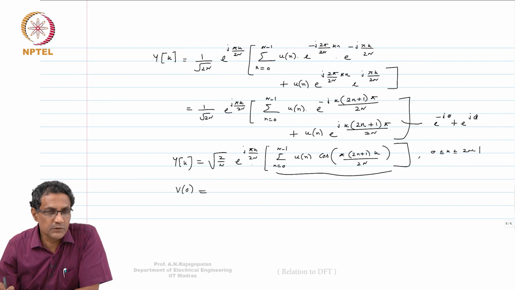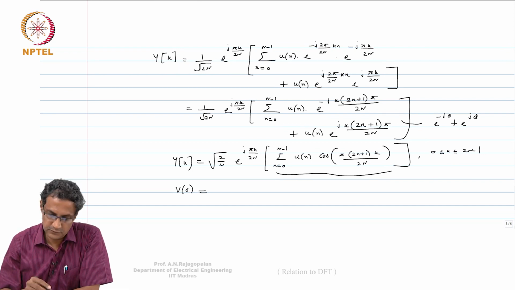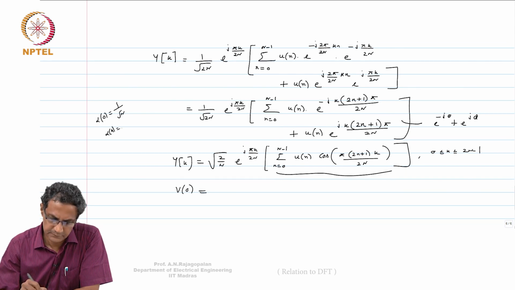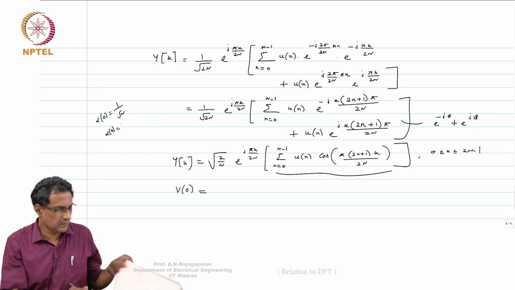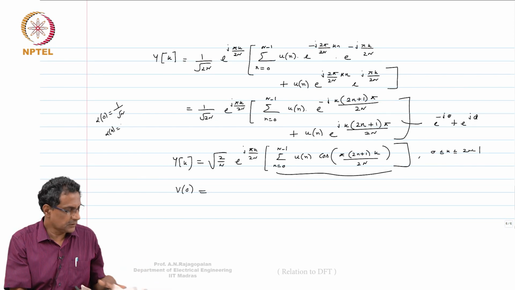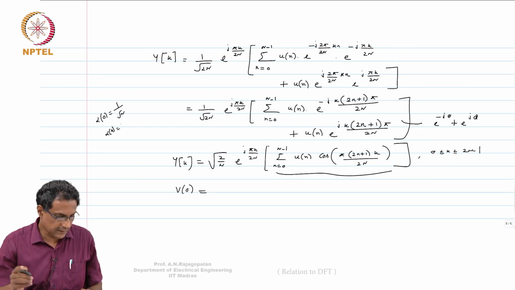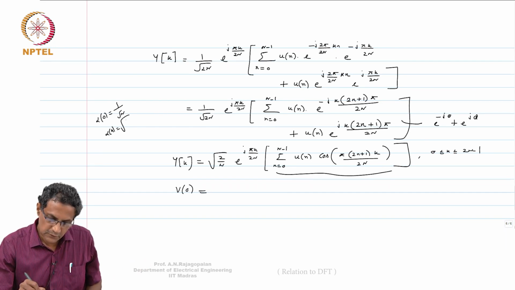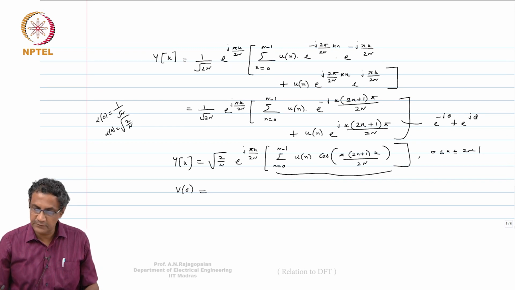Alpha 0 was 1 by root n, whereas alpha k for other values was root 2 by n. What did I write there? Root 2 by n, right? So for other alpha.